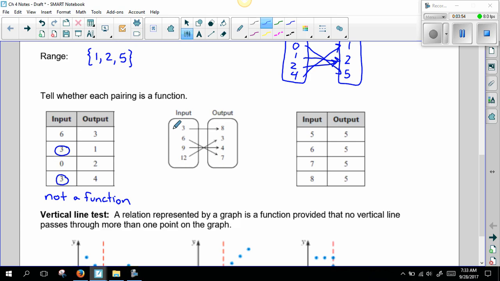In this mapping diagram, I see that each input goes to only one output. Therefore, this one is a function. And in this last table, I see that each input happens to go to the same output, but because there are no repeated input values, this one is also a function.